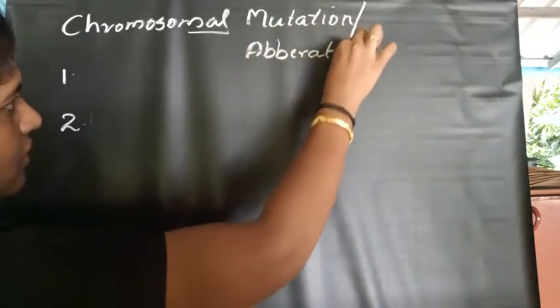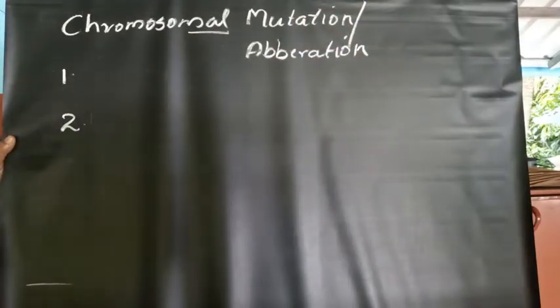We can easily detect chromosomal aberration with the help of genetic analysis or microscopic examination.